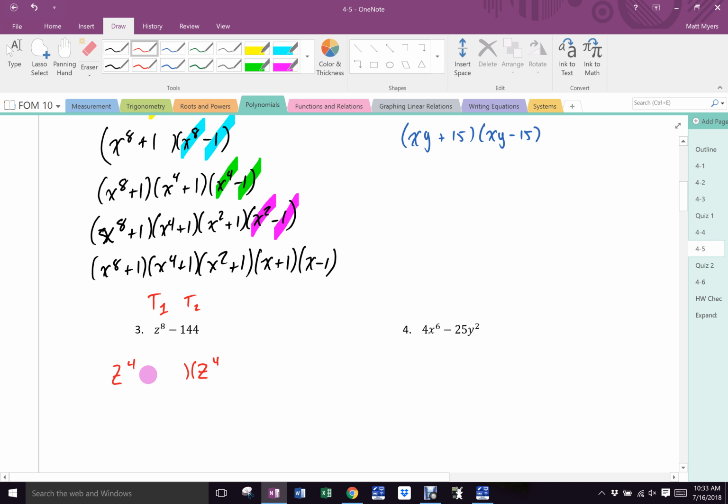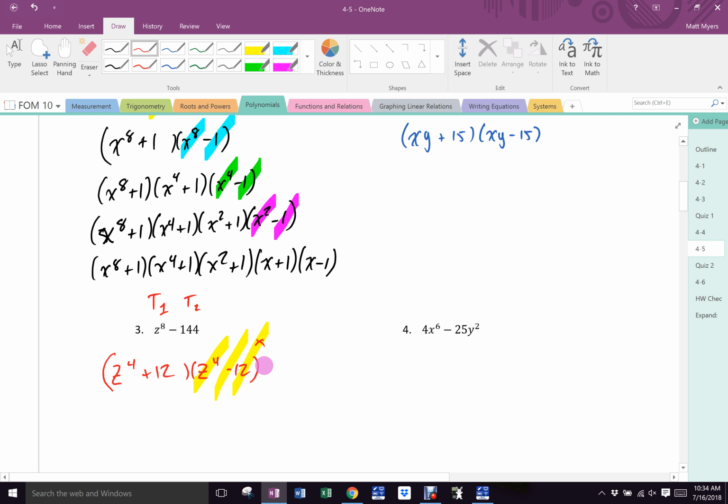What is it? Plus 12, minus 12. Now, can I stop? That's a perfect square. That's subtraction. Is that a perfect square? Is 12 a perfect square? No. So I'm done. Everybody good?